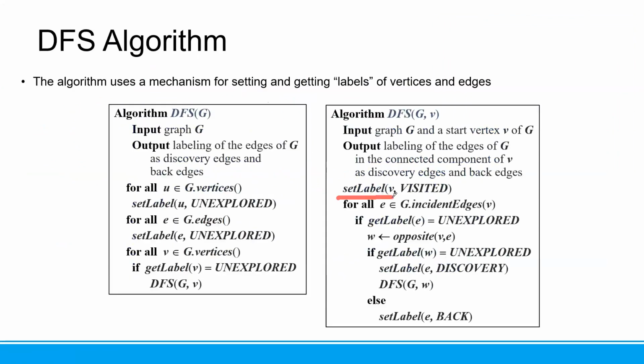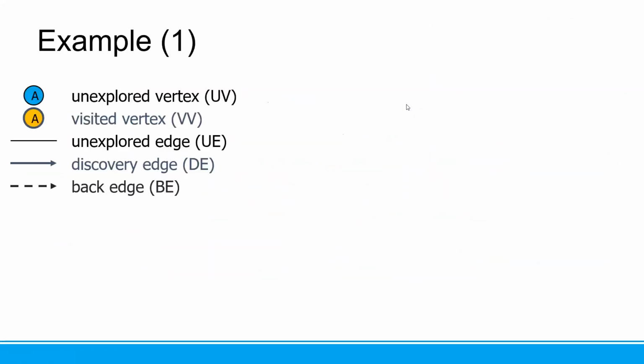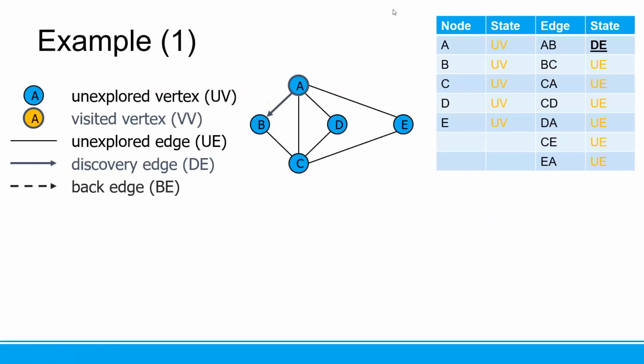set the label of V as visited, and then for all E, which are the incident edges of V. The incident edges of V means, if I look at A, then the incident edges of A are this one, this one, this one, this one.